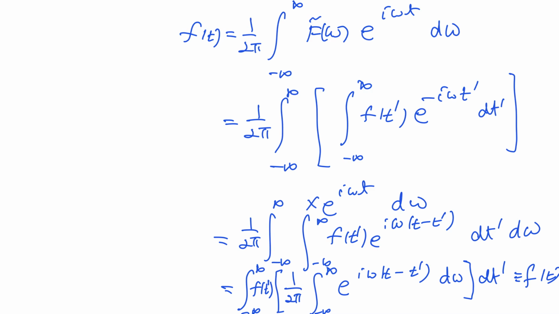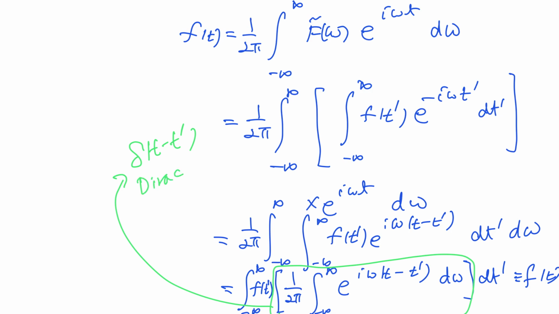So we define the function within the bracket as the delta function, or Dirac delta function.